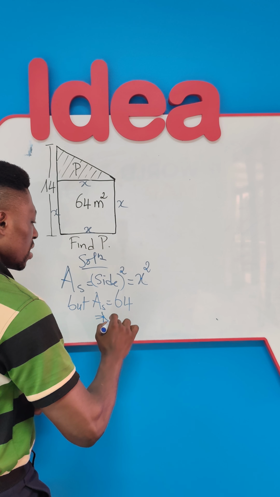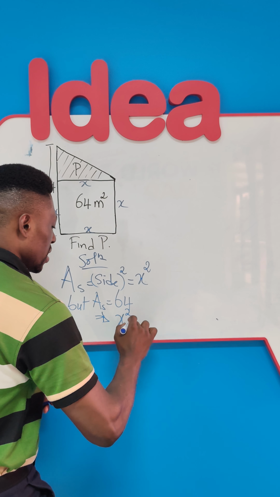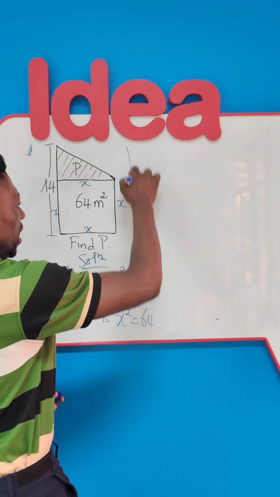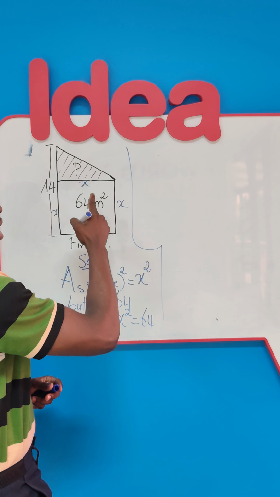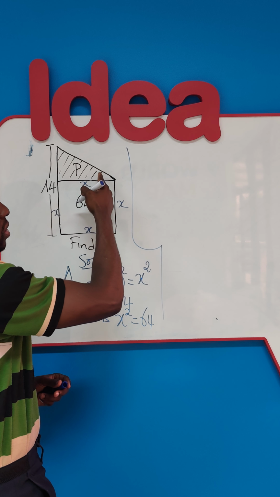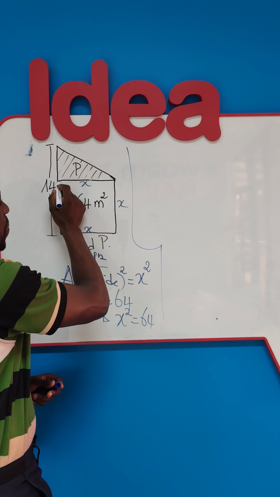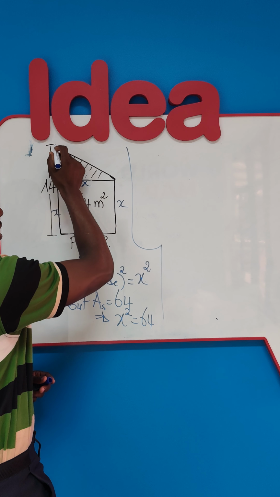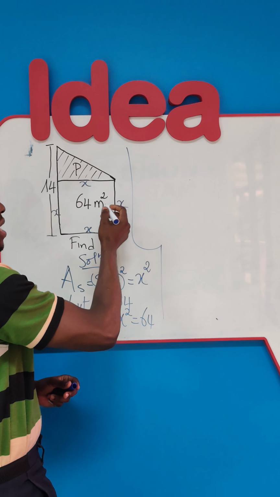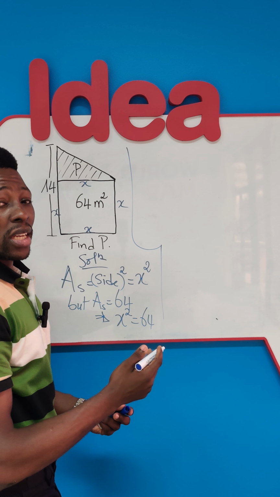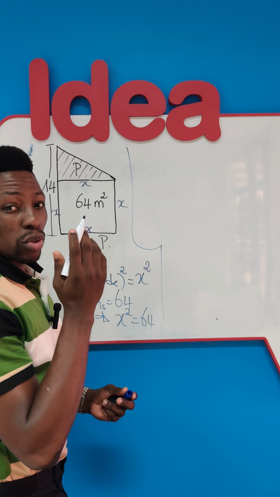This means x squared is equal to 64. Okay, why are we looking for the side of this? This is because the area of a triangle is given by half its base times its height. If we are able to find the side of the square, then we can obtain the information required to calculate the area of the triangle.